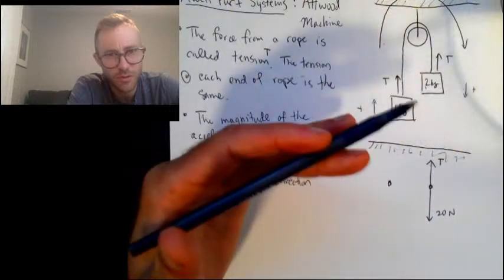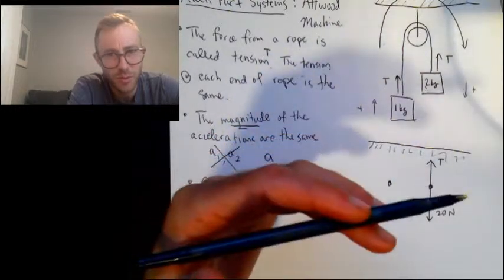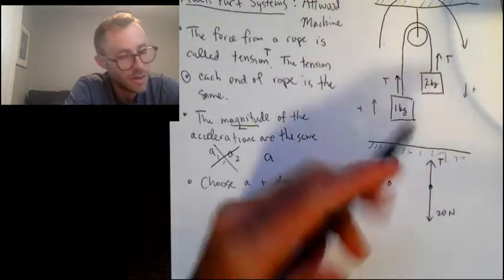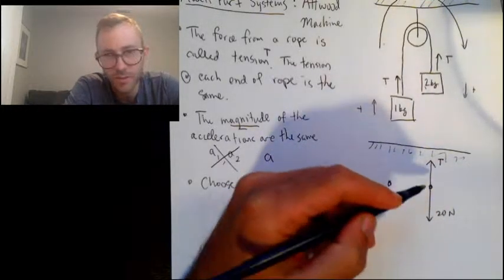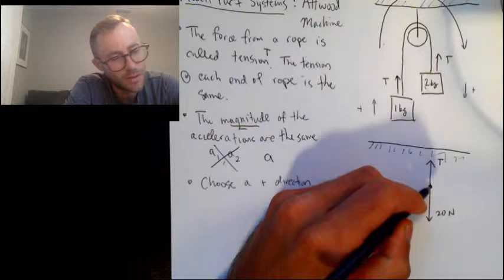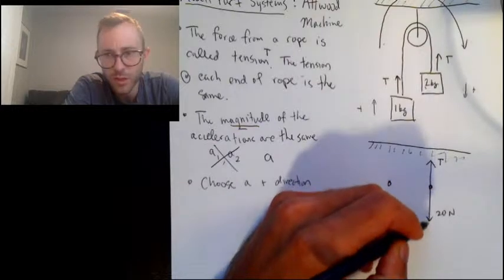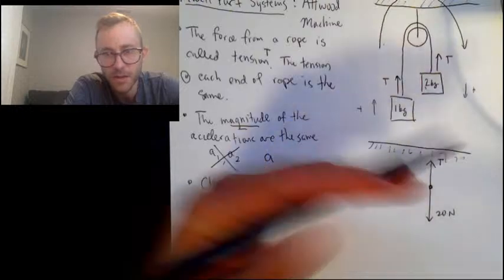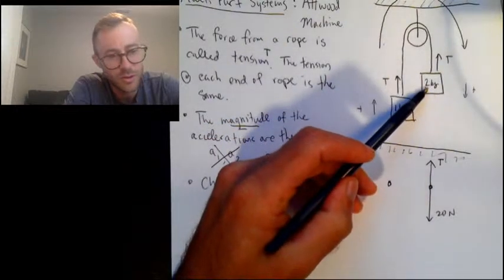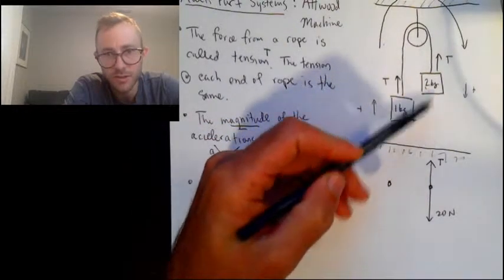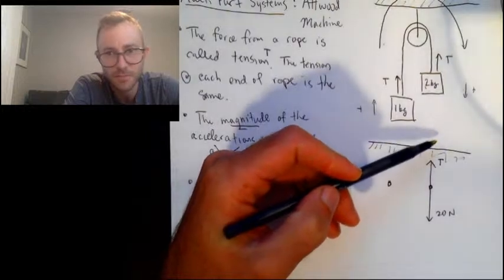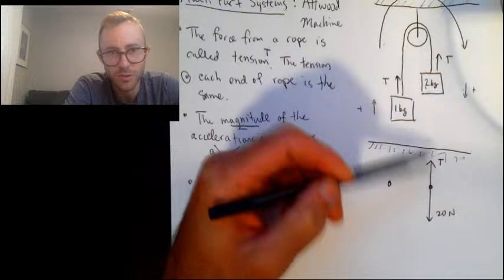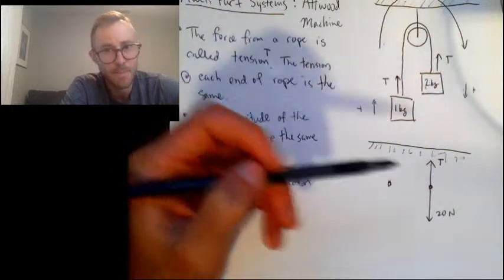It isn't important all the time, but sometimes we want to make a free body diagram where the sizes of the arrows are accurate, and in this case I am going to do that. We can see that I've drawn the 20 Newton arrow to be longer than the tension arrow. The reason is that I know the 2 kilogram mass is going to fall. It's going to accelerate downward, and so I had better have more downward force than upward force.